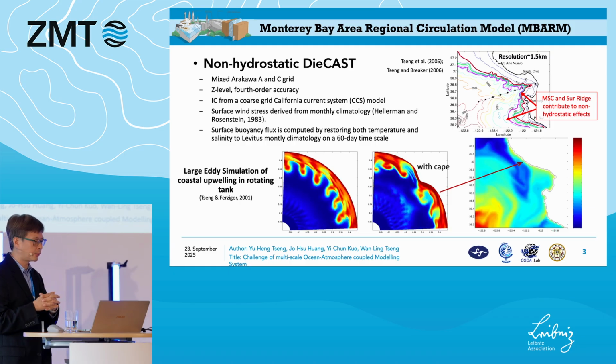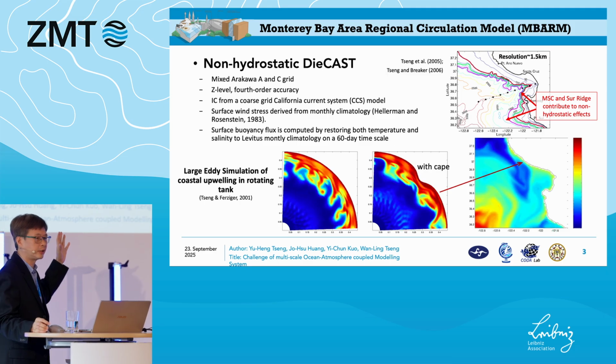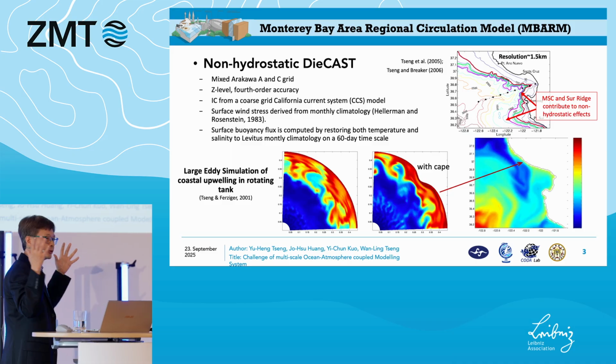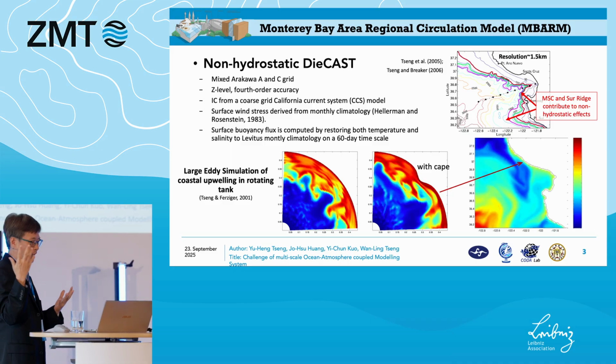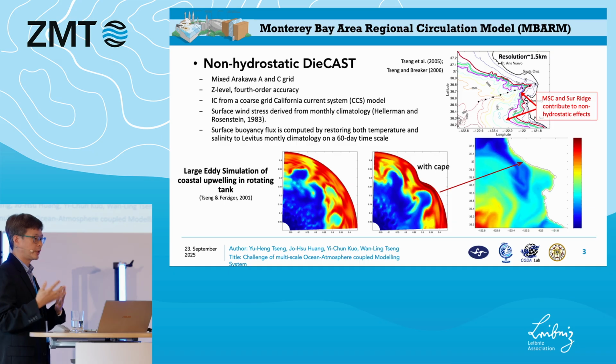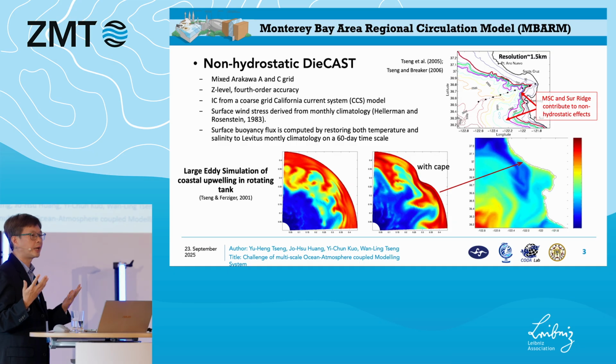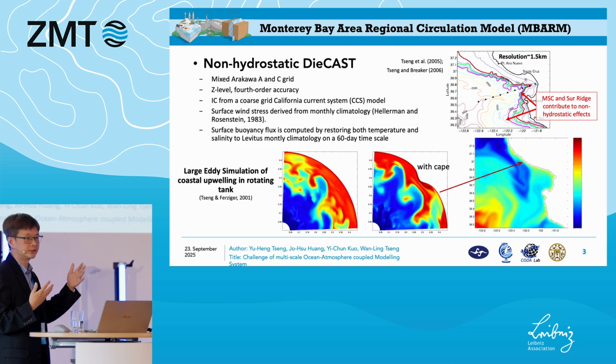I will start from the regional part. Around 20 years ago, we started using large eddy simulations, the three-dimensional numerical modeling LES, so that we can model coastal upwelling events.